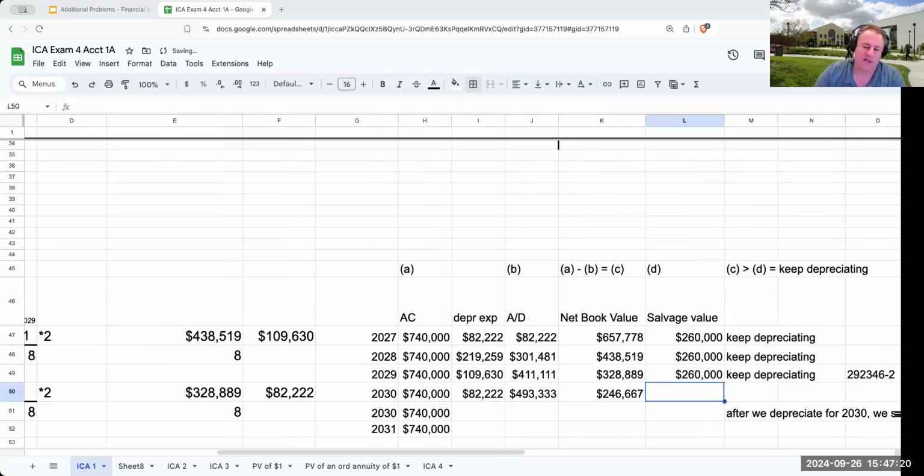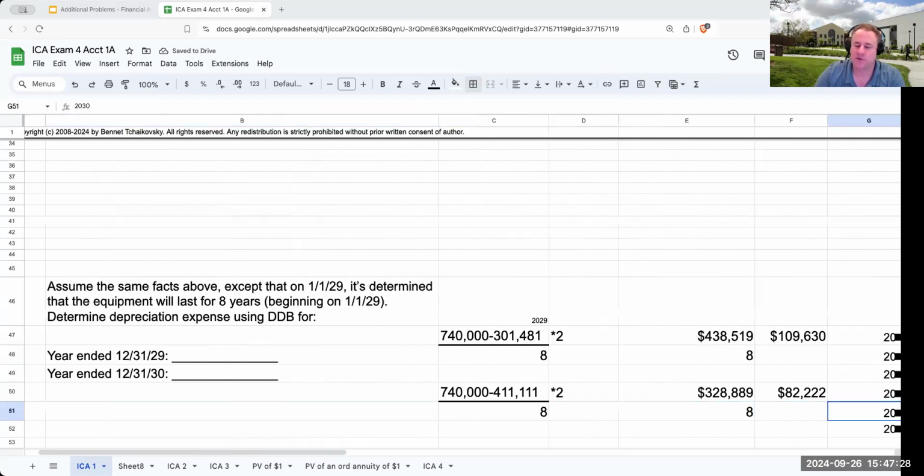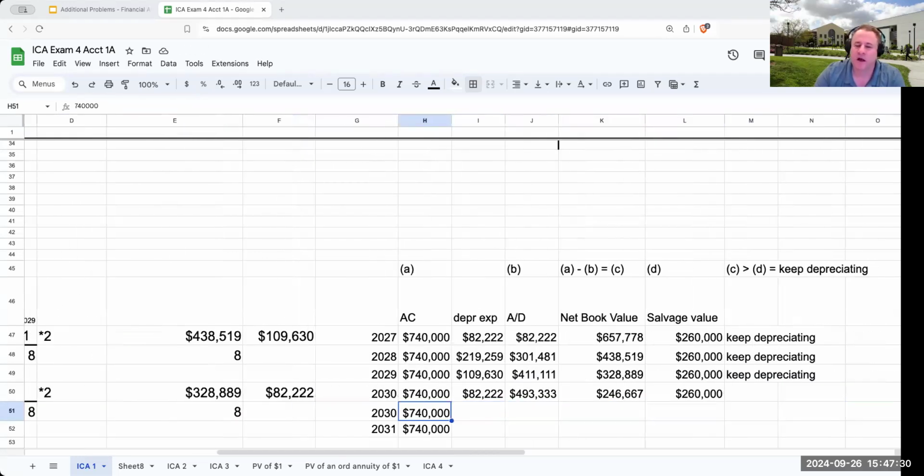Now, when I get to this, I've got a problem, right? What's the problem? After 2030, I didn't even realize I did this when I wrote this question, but this is kind of nasty. I over depreciated the asset. So what do I need to do? Well, I'm going to have to do the same thing I did previously.